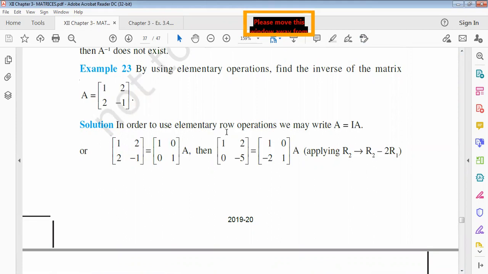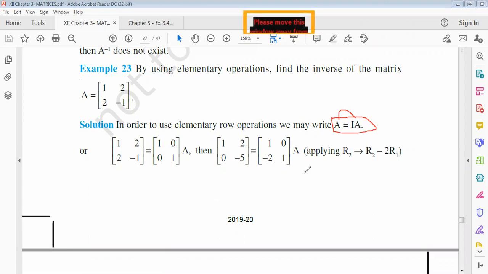In order to use the elementary row transformation, we write A = AI. That means if we multiply the identity matrix with any matrix, we get the matrix itself once again.